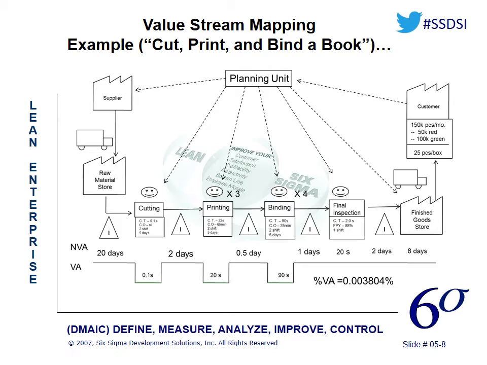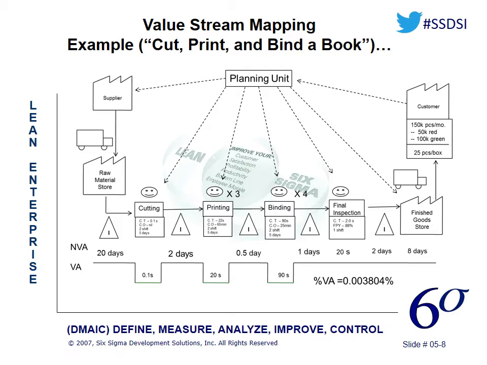All right, so you'll see that we use symbols to really represent different aspects of the value stream map. So in this case, you'd look at the cutting and printing and binding of a book from the point of the supplier bringing it to the raw material store, all the way to getting it back out to the customer.